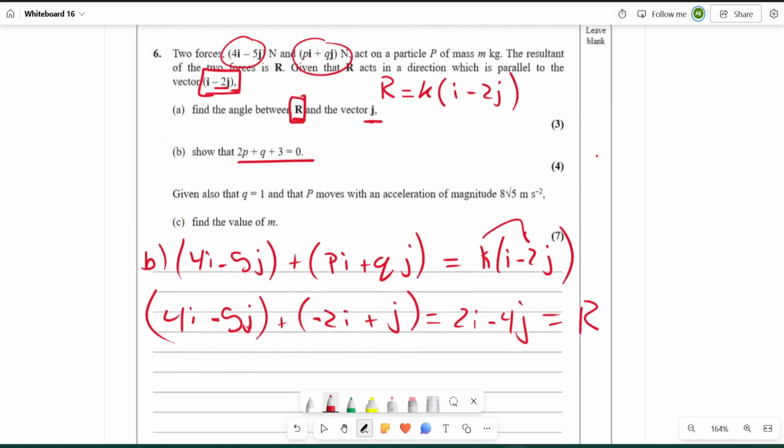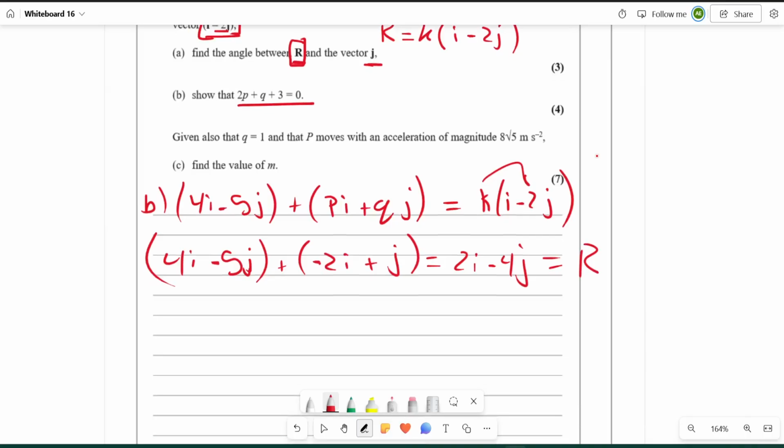This is the resultant vector, and I know from Newton's second law that the resultant force is equal to mass times acceleration. Because I already have the magnitude of the acceleration, I can get the magnitude of this force r, which is the square root of 2 squared plus negative 4 squared.